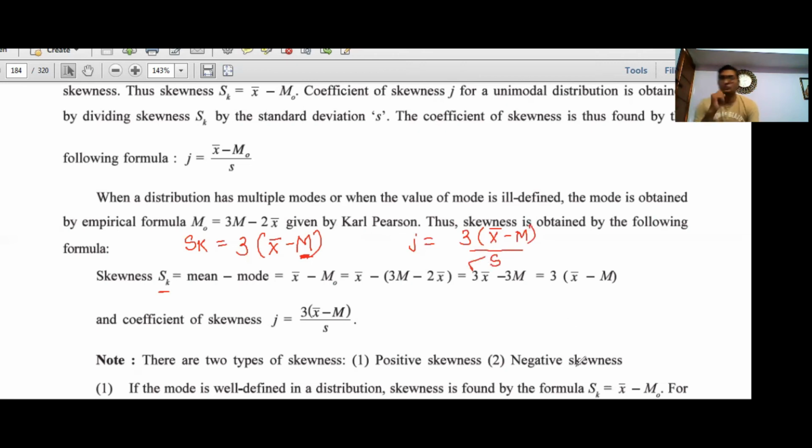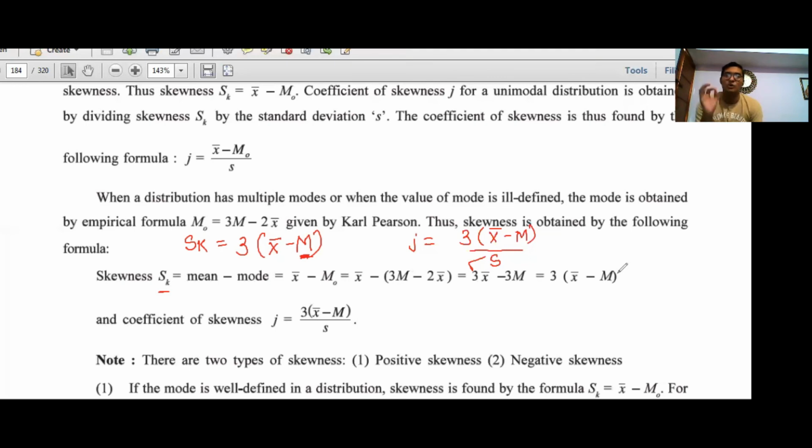Okay. So in the Karl-Pearson method, there are two formulas to calculate the skewness and the coefficient. Number one, if we can use the mode, then the formula is x bar minus Mo, and j equals x bar minus Mo divided by s.